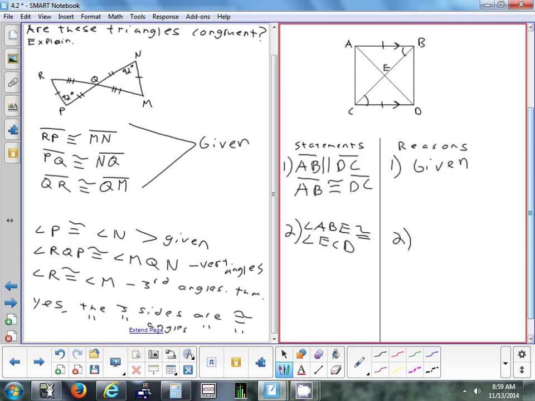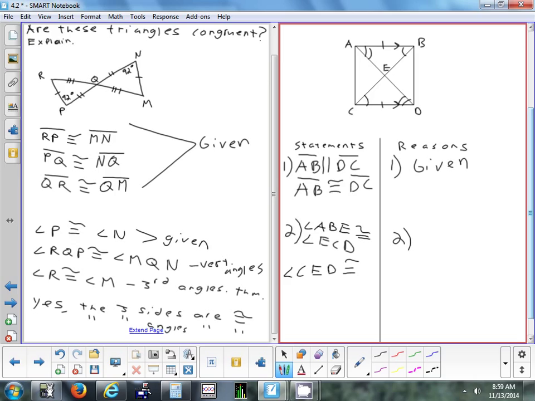Then it's going to be CDE is congruent to EAB. Yep, so angle CDE, and then what was the other angle you said? EAB. Yep.